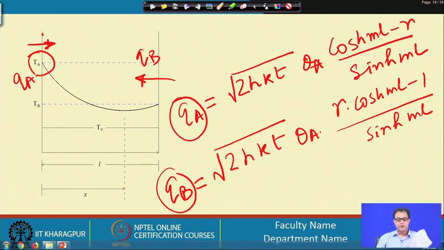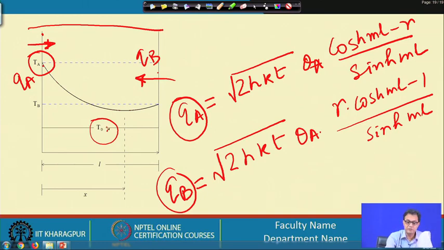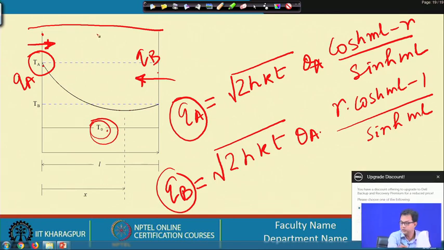Now, it may not always be the situation that the fluid temperature will be in this configuration. There may be other situations, like the fluid temperature may be just the wall temperatures, this is here, and this may be at this point. That means this T 0, the fluid temperature, may be hotter than the wall temperatures.